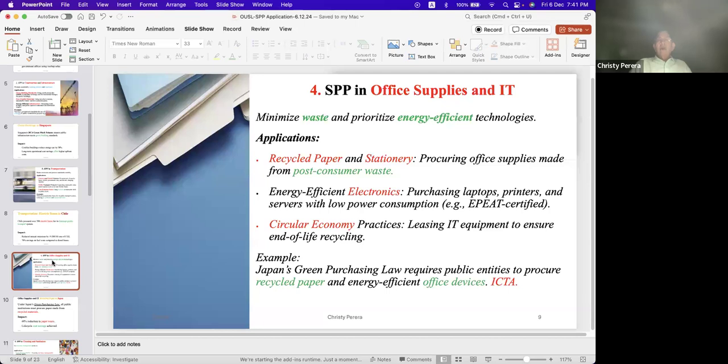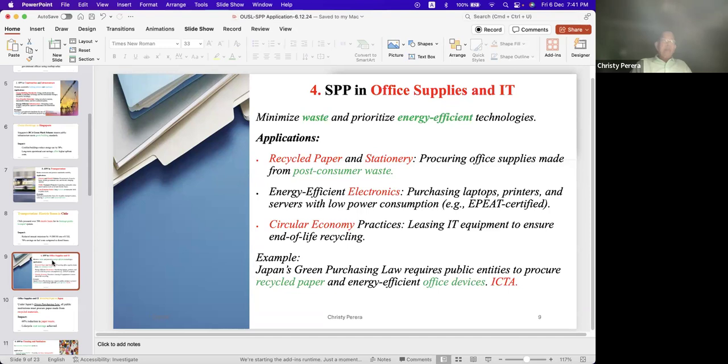So when we are talking about office supplies and IT, the applications minimize waste and prioritize energy efficient technologies. Applications include recycled paper and stationery. That is a common theme.